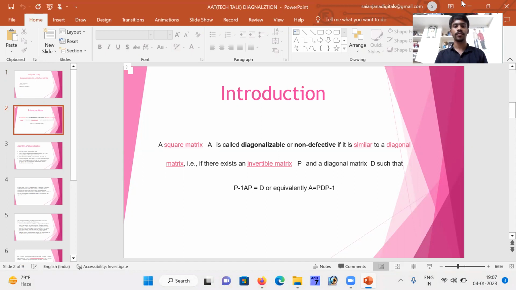That is, if there exists an invertible matrix P and a diagonal matrix D such that P^-1 A P equals D, or equivalently A equals P D P^-1.